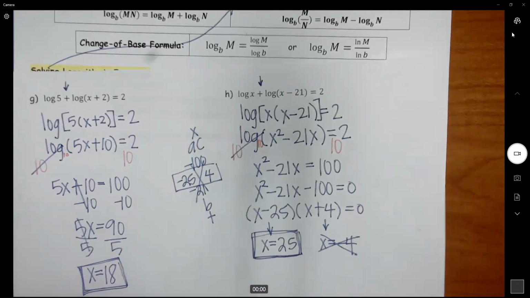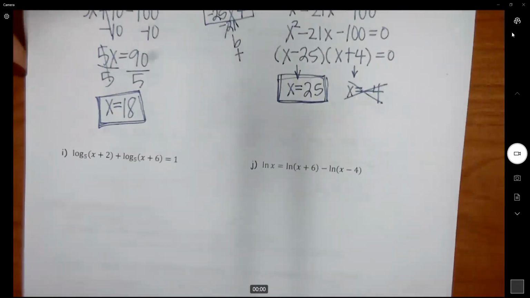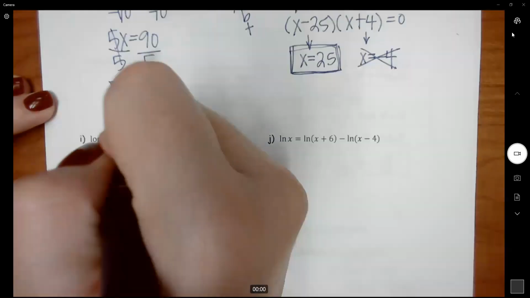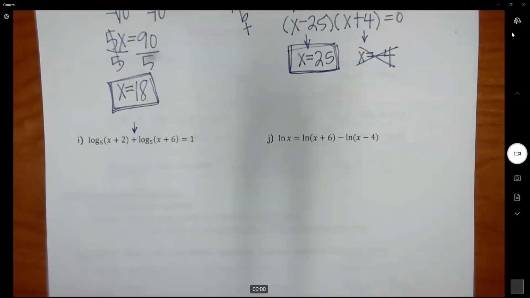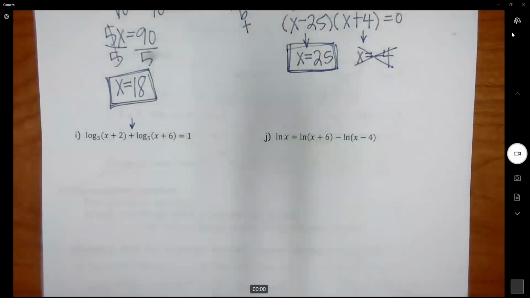Okay, one more problem like that one. Here we have a plus. This plus tells me that I can condense this by multiplying my n and my m together.